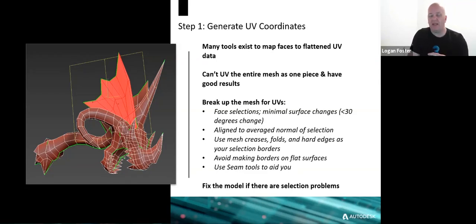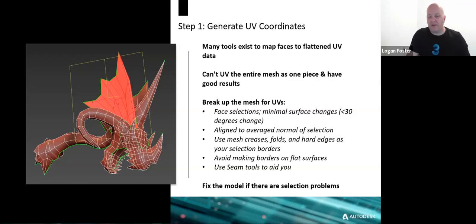What can I map and create a minimal distortion, because it's got minimal surface changes to it, right? So I'm trying to think about flat areas and shapes that I can make selections from and use. And I'm trying to make certain that the selection that you see here, this square that's showing the gizmo inside Max, is generally aligned to the average selection of what's going on in my mesh. This is just going to help out with the output and the results, and that's going to be great.